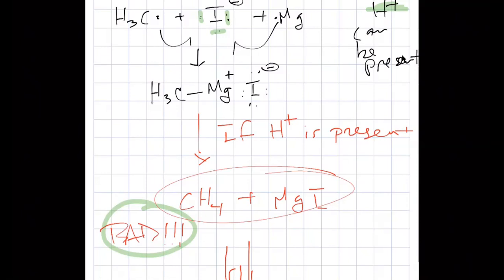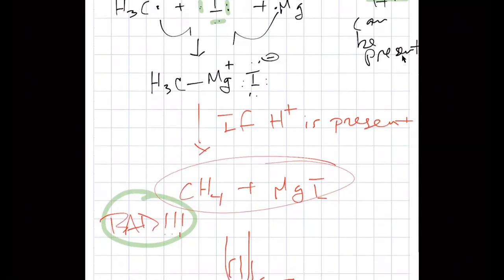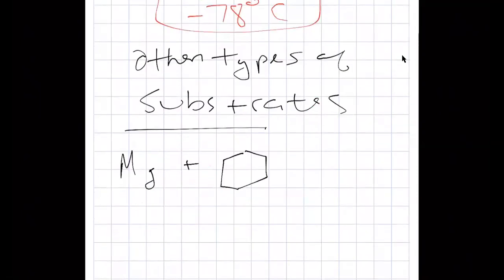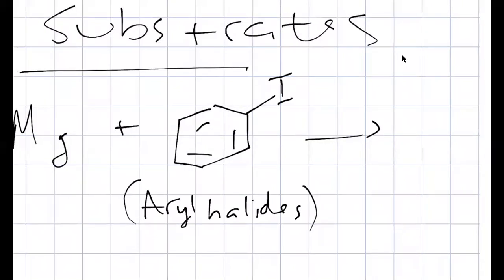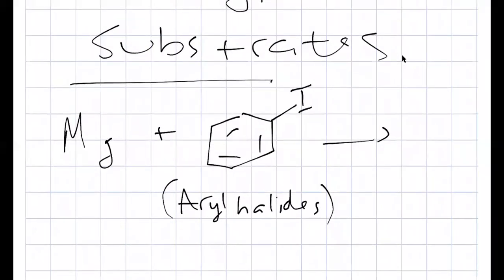So let's look at some other types of substrates that you can make Grignards from. If I take magnesium and react it with a benzene ring, we can use alkyl halides, and we can also use what's called an aryl halide or aromatic halide.